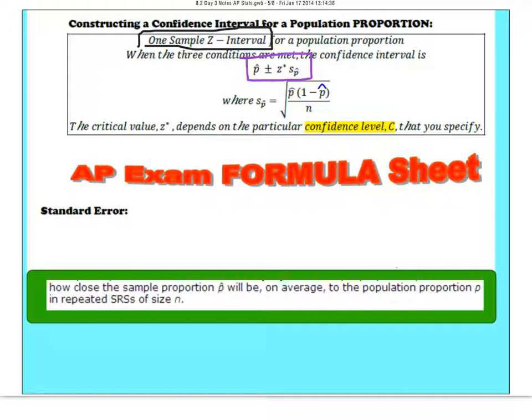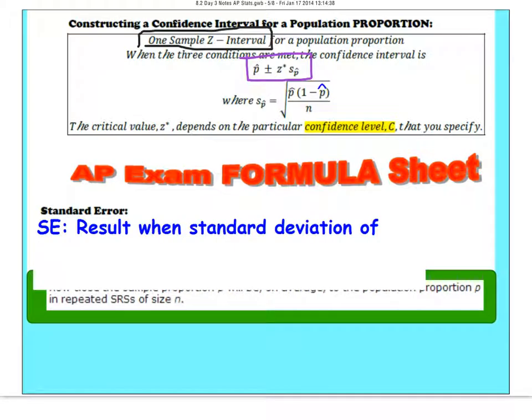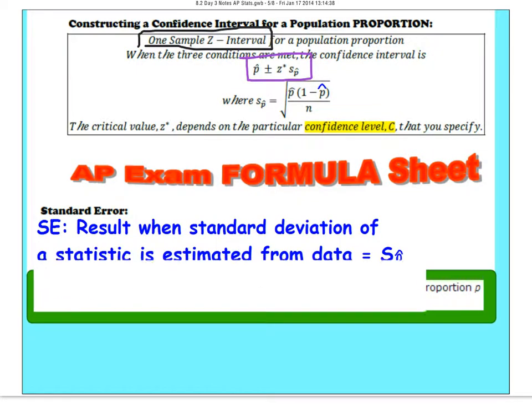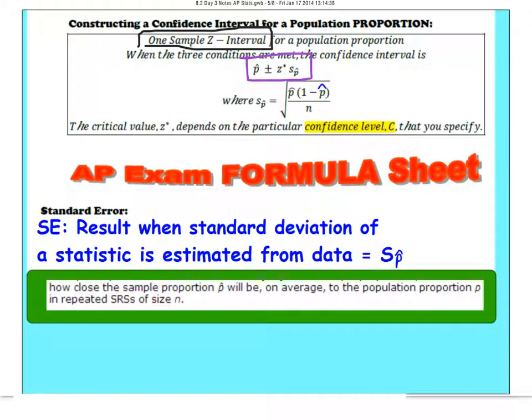One of the things we should talk about is the standard error. The standard deviation of p hat is also referred to as the standard error. And by definition it is the result when the standard deviation of a statistic is estimated. So we are going to be estimating what we think the statistic is, in this case what p hat is.